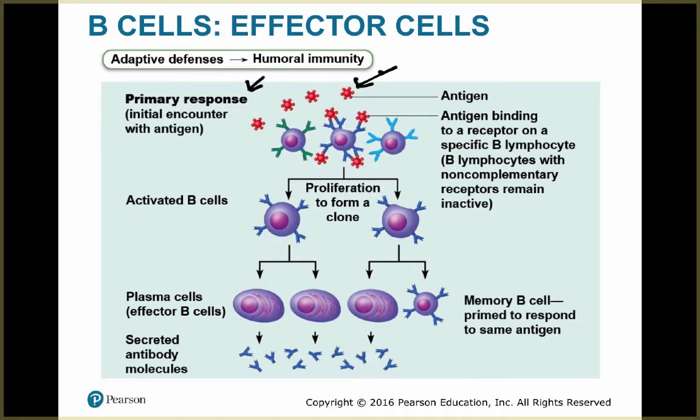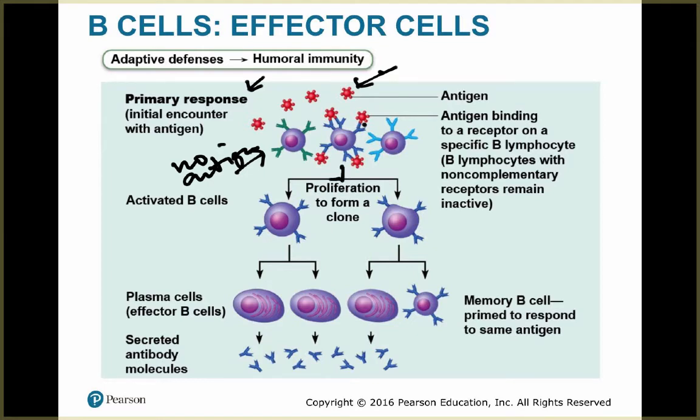And so this antigen is going to bind to a receptor on a specific B lymphocyte. If you have a B cell here that doesn't have the complementary receptor, it won't bind, right? They're free.